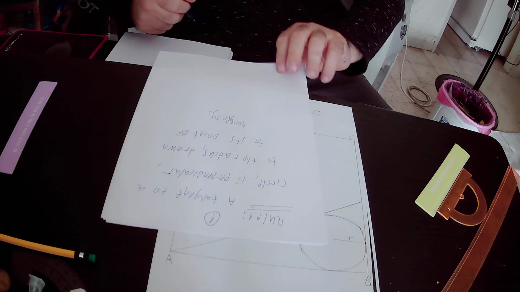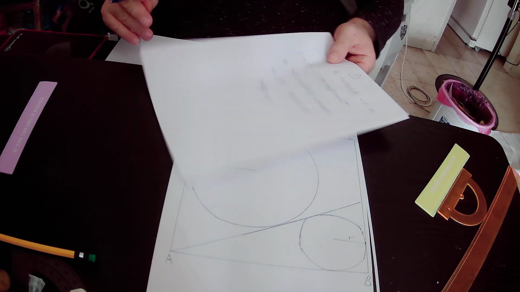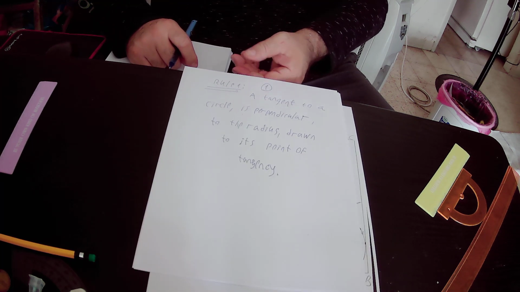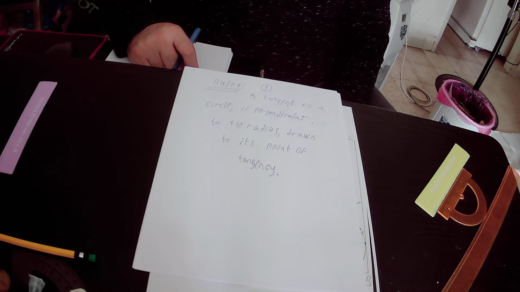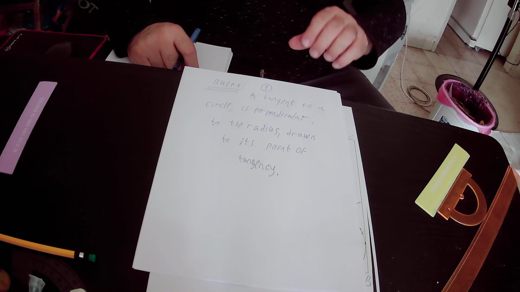I will read rule number 1 again. Rule number 1 states that a tangent to a circle is perpendicular to the radius drawn to its point of tangency.